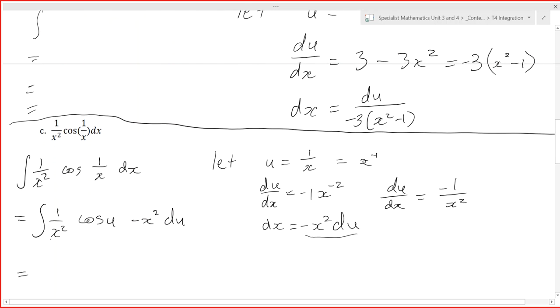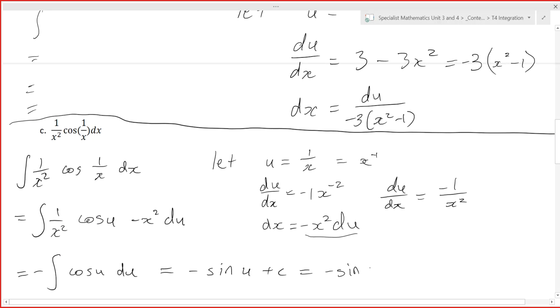You can see these x squareds cancel out, so you're just left with cos u du. Does anyone remember the integral of cos? And then we sub what u is, and that's it. Any questions, guys? Don't forget the plus c to be worthy.